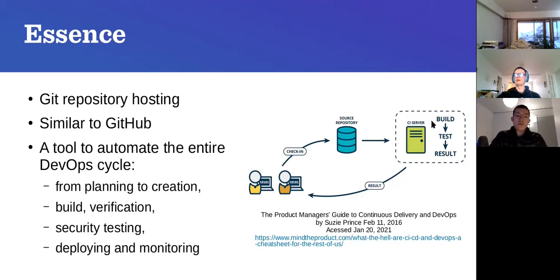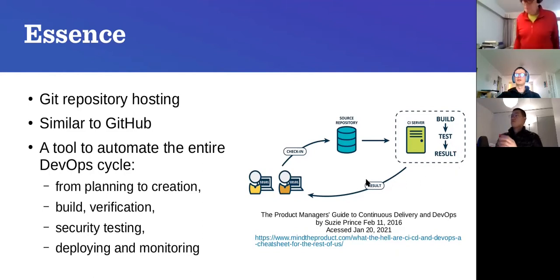You can build and test and then also collect the result. It could be a binary; in our case, it's just a website. Then you can also instruct the CI server to deploy or continuously deploy the result.